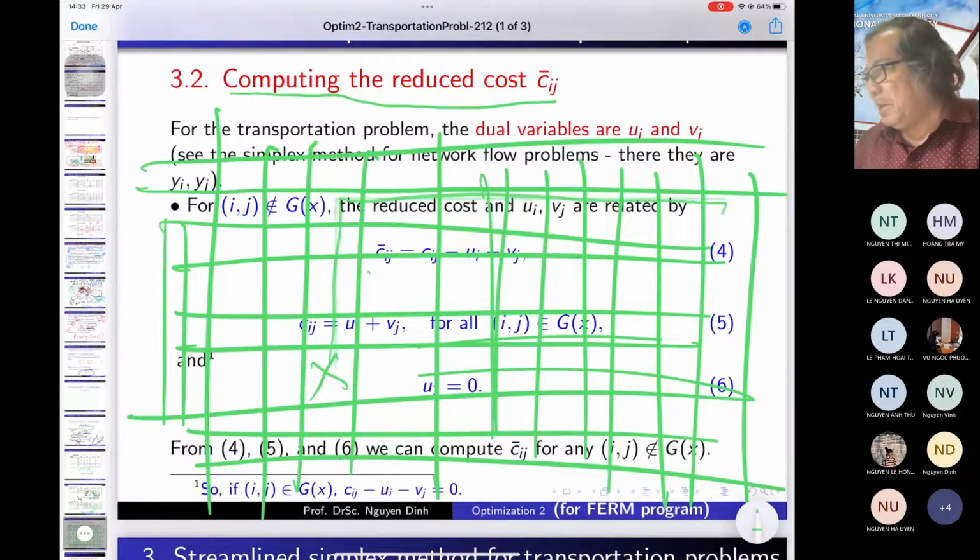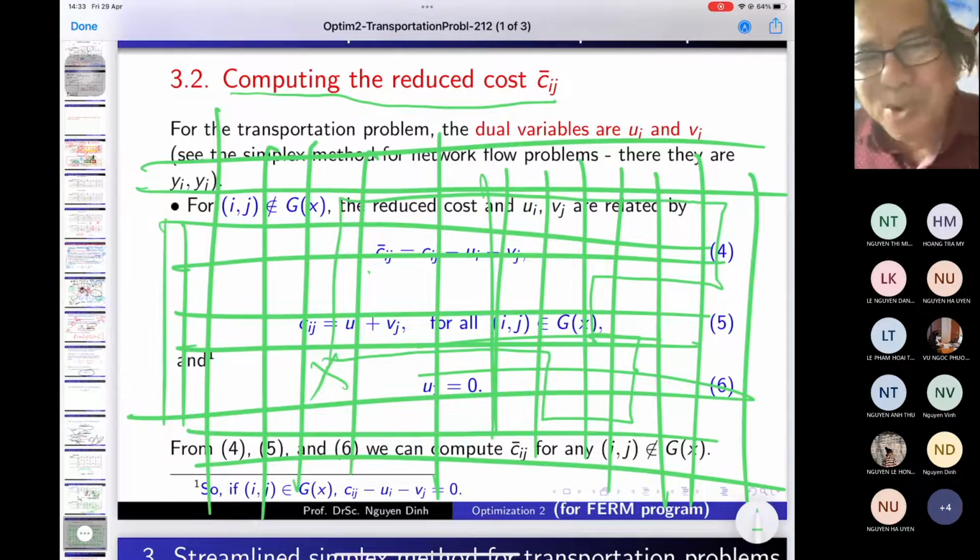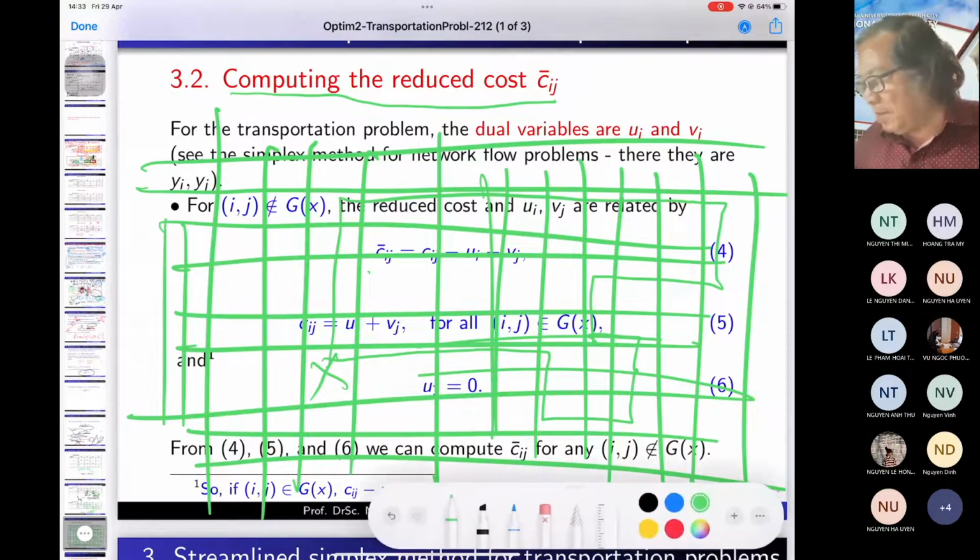Something here, and then here, then like this, then like this one, and this one. So the cycle may be very complicated, and in that case, when you find C bar ij and theta star, it is very, very complicated.